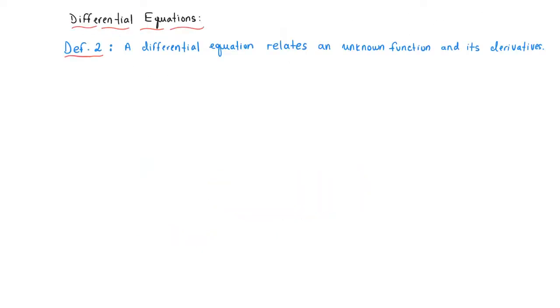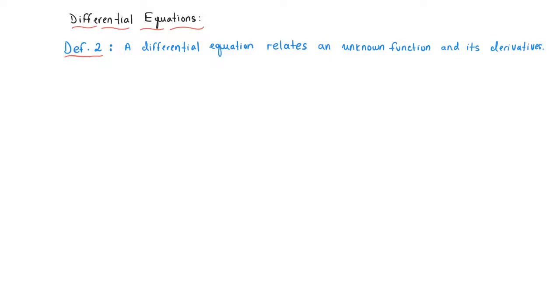The last part of this discussion, we'll talk about differential equations. I've written down our second definition of what a differential equation is. A differential equation relates, so it's connecting, an unknown function and its derivatives.